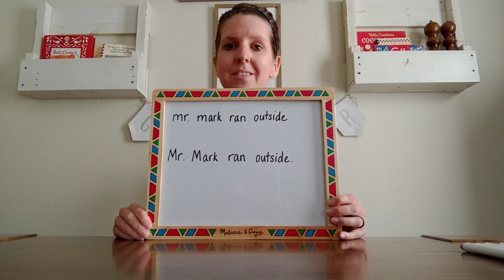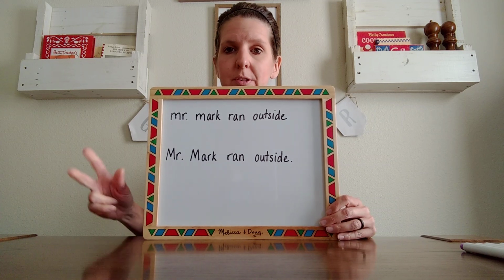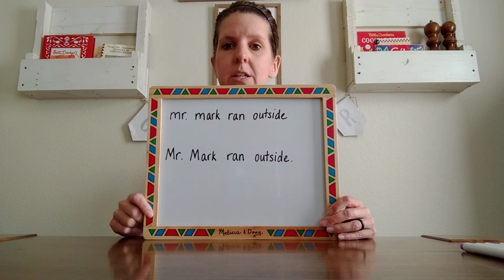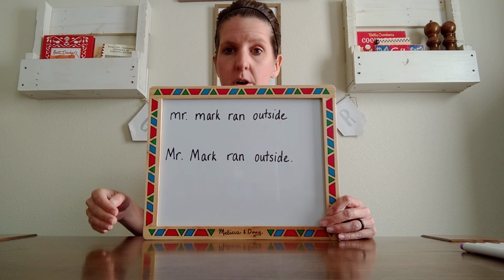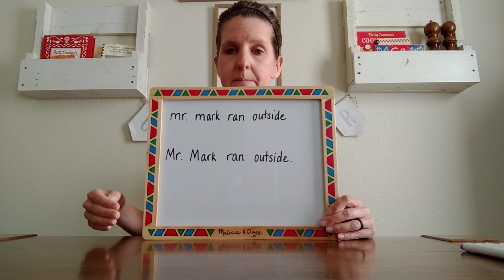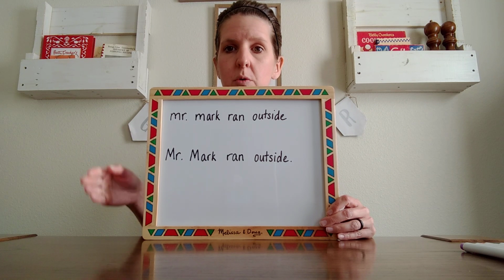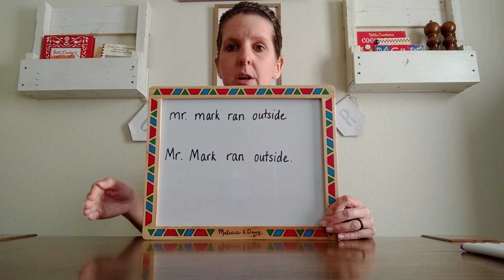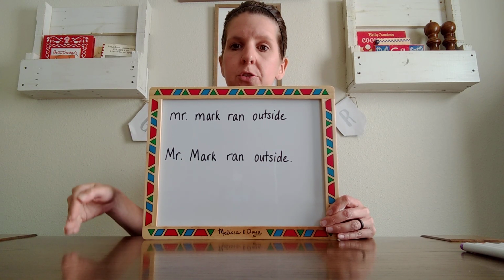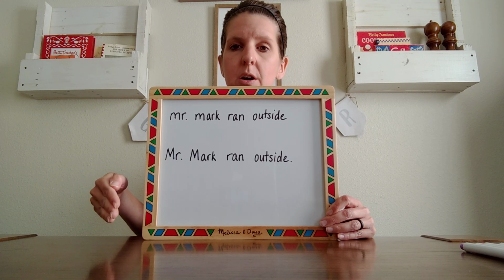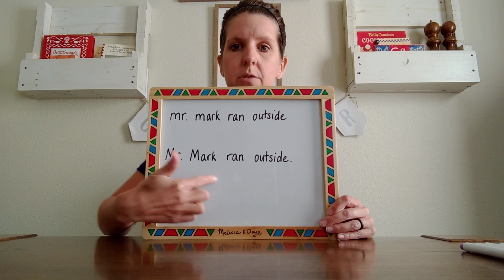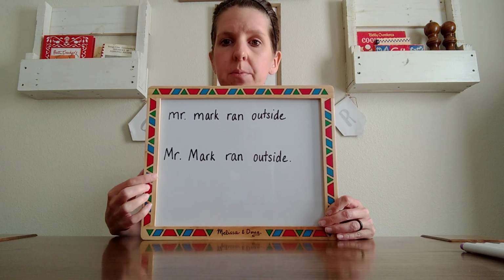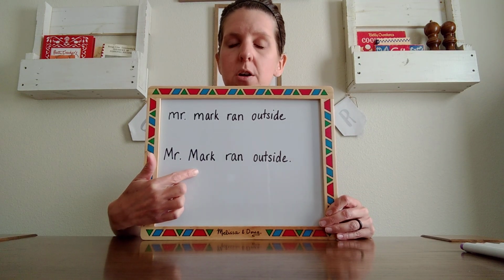Okay? The next thing, my next step, step 2, is that I need to draw a line in between my subject part and the predicate. Okay, the subject is who or what my sentence is about. The predicate answers what are they doing? What is the action? Okay, so Mr. Mark ran outside. What is my subject part? Well, Mr. Mark.